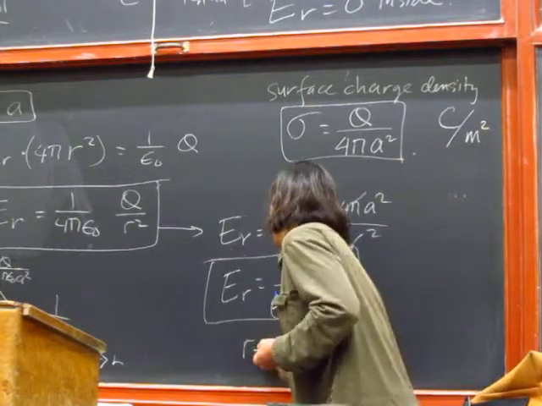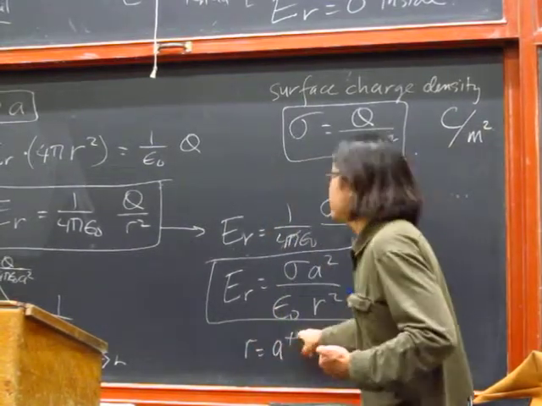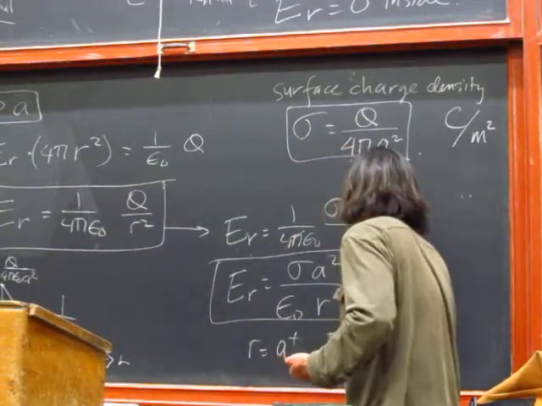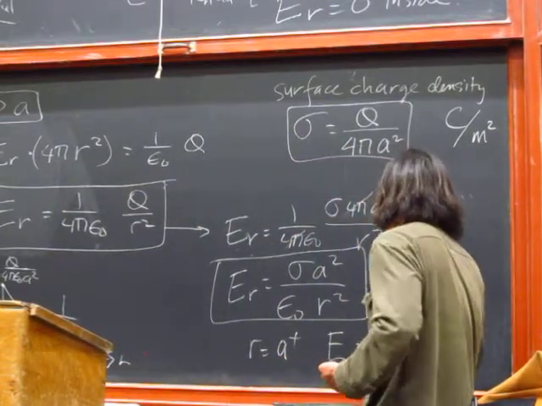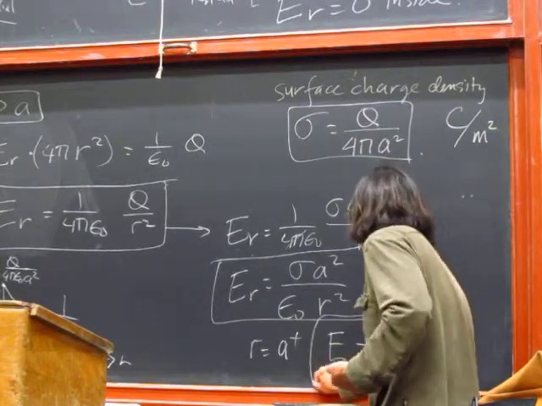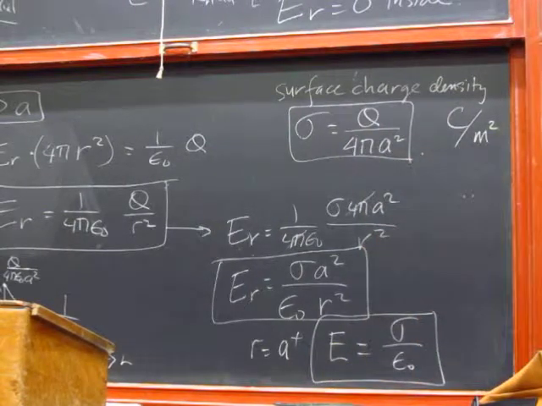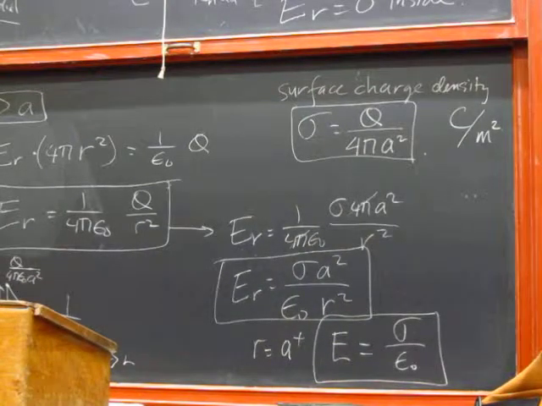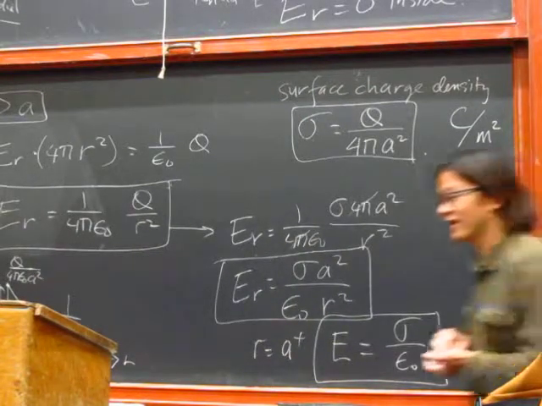And at r equal to a plus, slightly larger than a, E is equal to sigma over epsilon naught. Is this clear? Okay.